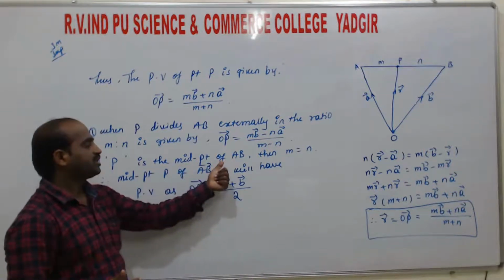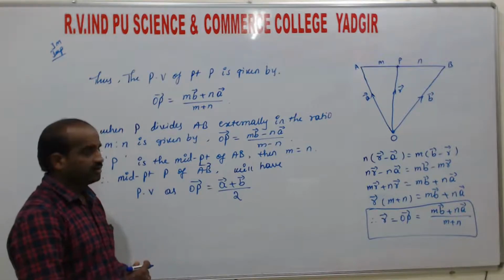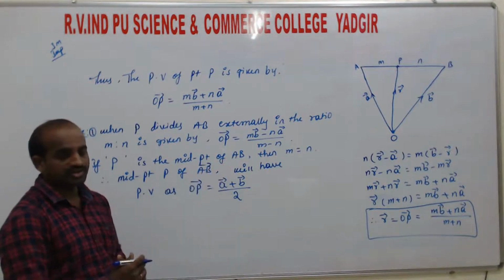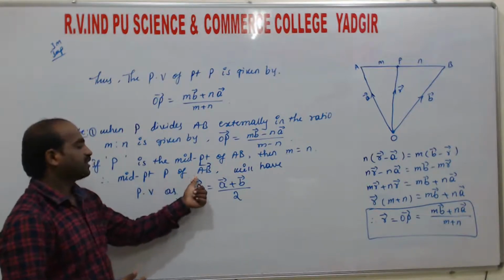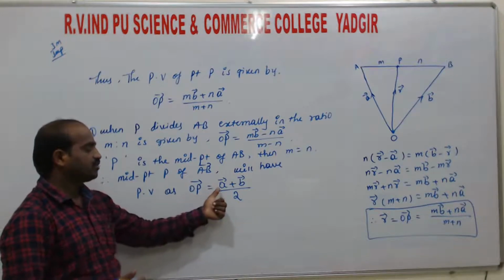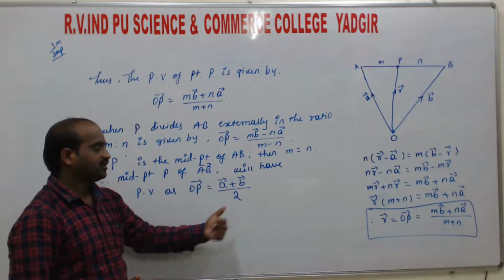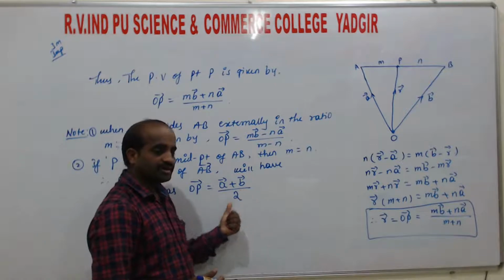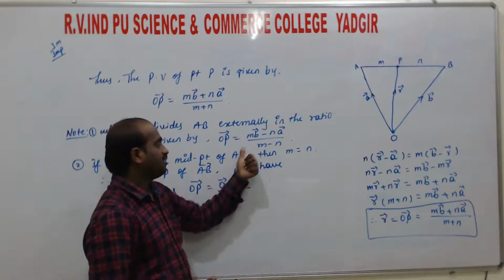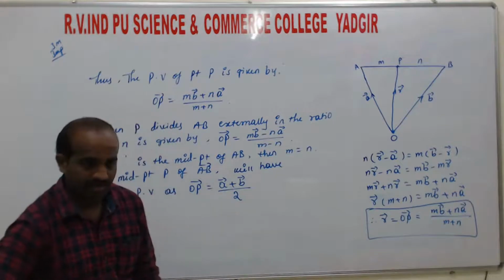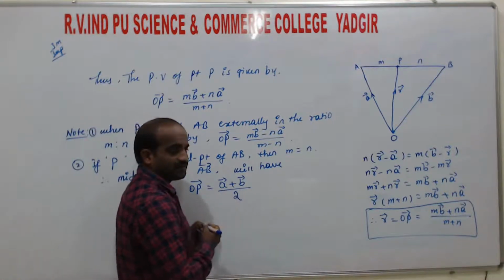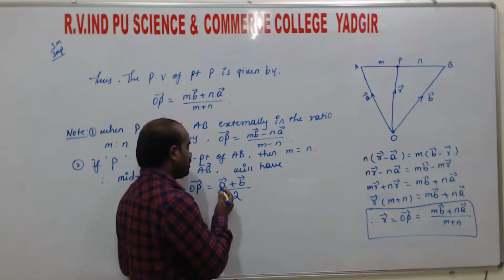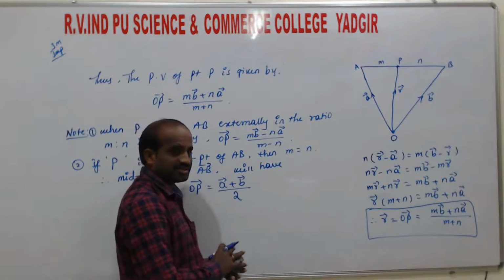Now the ratio M is to N is 1 is to 1. The midpoint P of AB will have position vector OP vector is equal to A vector plus B vector divided by 2, or OA vector plus OB vector divided by 2. This is the midpoint of AB formula. A plus B is equal to B plus A.